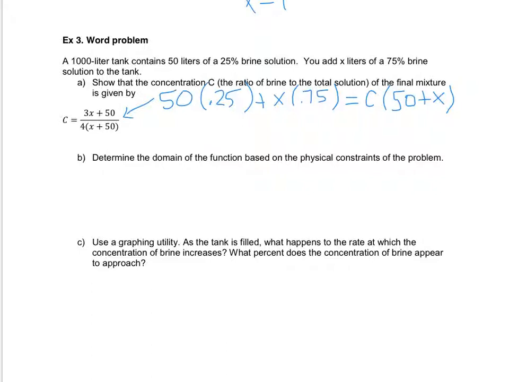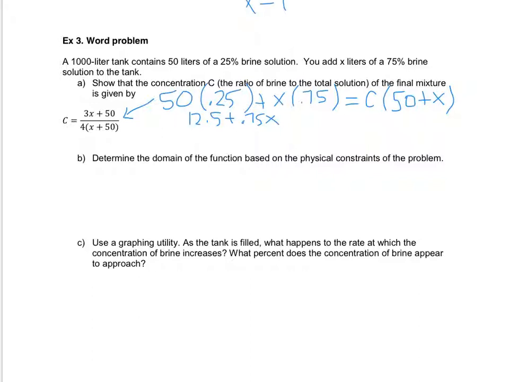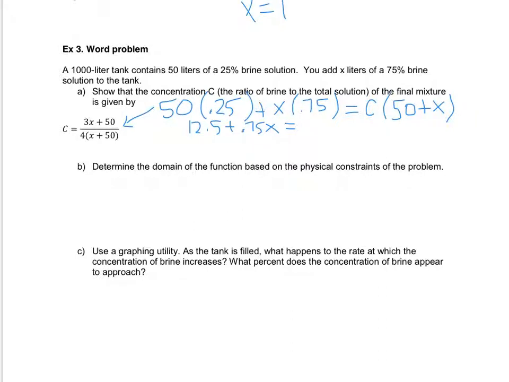Okay, so what I'm going to do is multiply 50 times 0.25, which is 12.5, plus 0.75x equals C times (50 plus x).